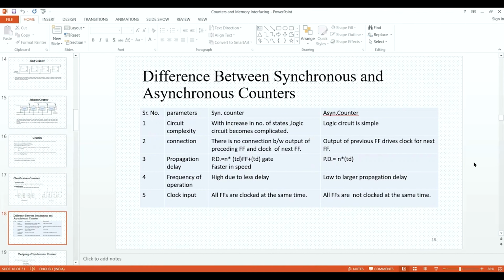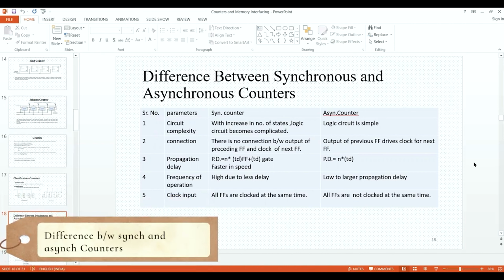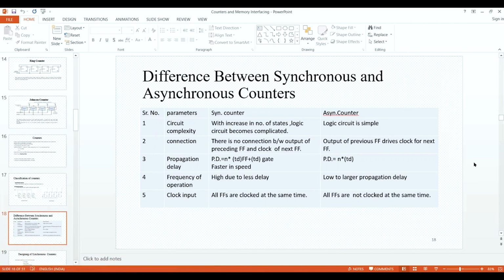If I talk about the connection, there is no connection, and it is okay, but propagation delay would be very, very less in the case of a synchronous counter, whereas in the asynchronous counter it is more, and frequency of operation is high. And one condition needs to be followed: all the flip-flops have to be clocked at the same time, which is not the case in an asynchronous counter. But normally, out of 100%, 99% of counters follow the asynchronous operation.